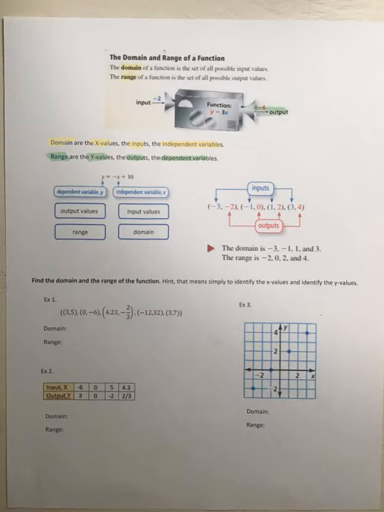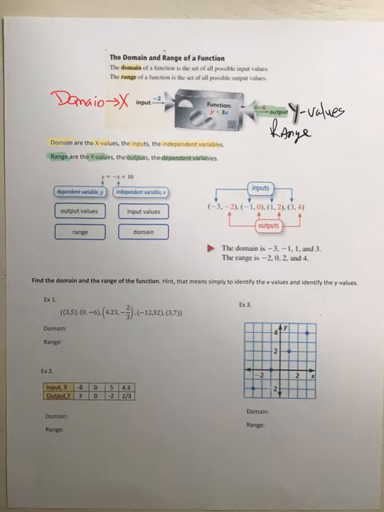So what's coming out of the machine are the Y values, and that's the range. What's going into the machine are the X values, and those are called inputs, and that's the domain.